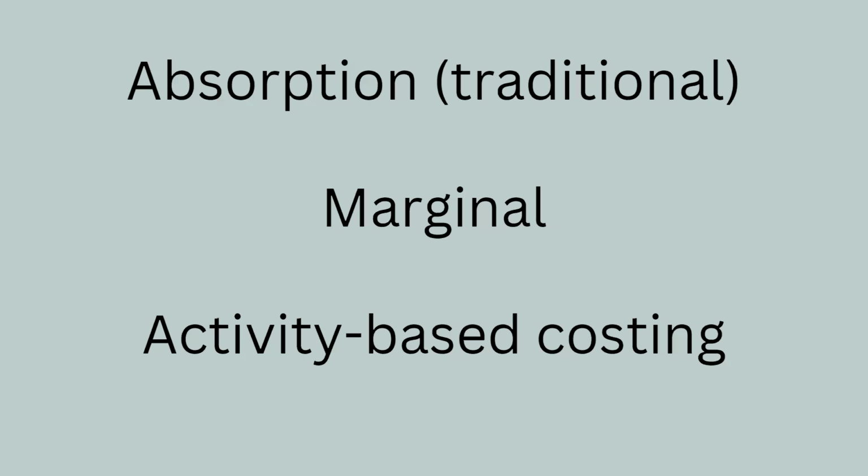There are three ways to analyze the cost of supplier. The first one is absorption costing or traditional costing, where the analyst would divide the fixed cost into each unit of production and try to allocate all those costs and calculate a fair price of the product.